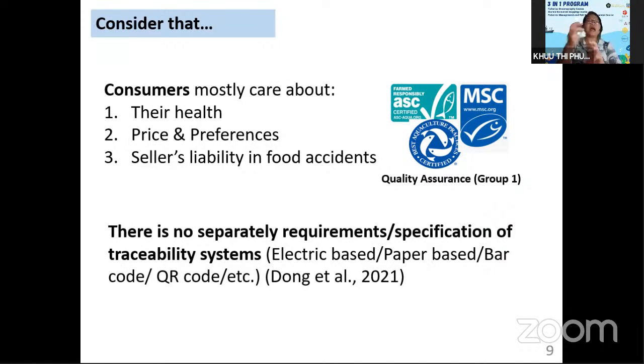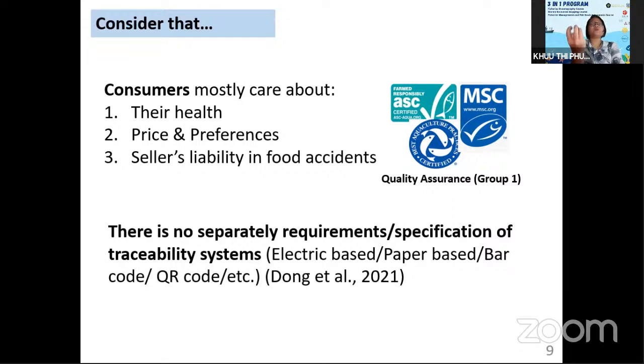It means that if we apply quality assurance group 1, our product not only becomes safer, but traceability is also stronger.